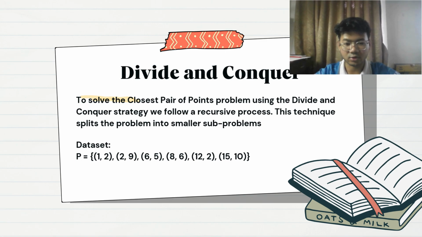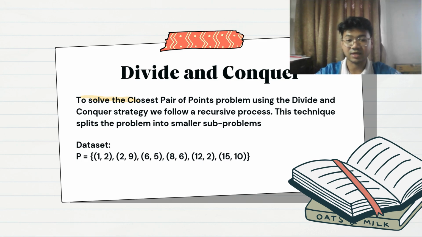For the problem overview, the dataset used in the problem is: point A is 1, 2; point B is 2, 9; C is 6, 5; point D is 8, 6; point E is 12, 2; last is F, which is 15, 10. Our goal is to find which 2 points are the closest and calculate the minimum distance between them.